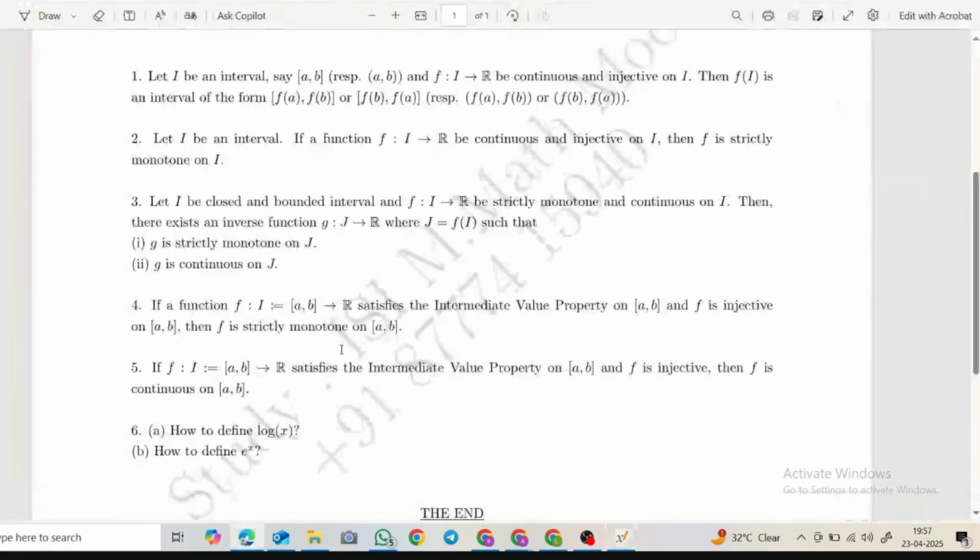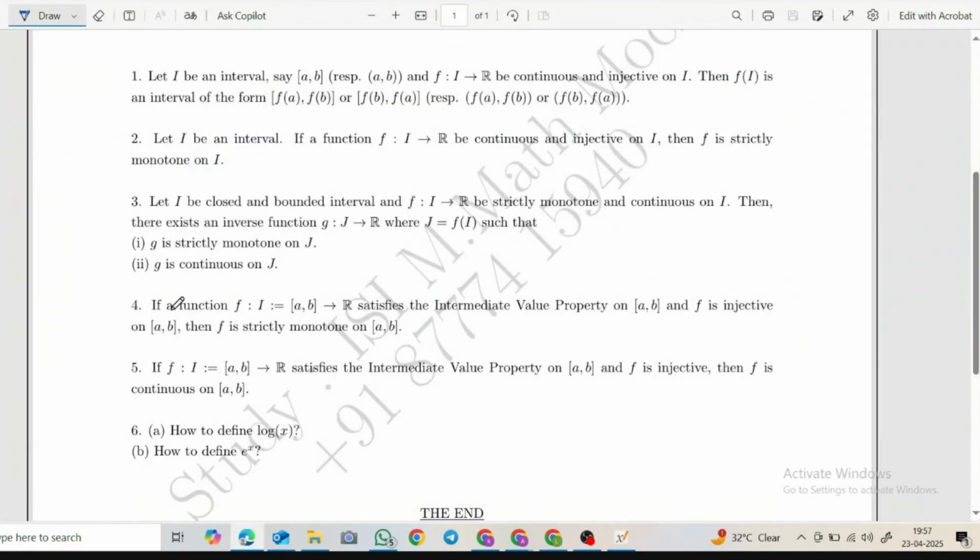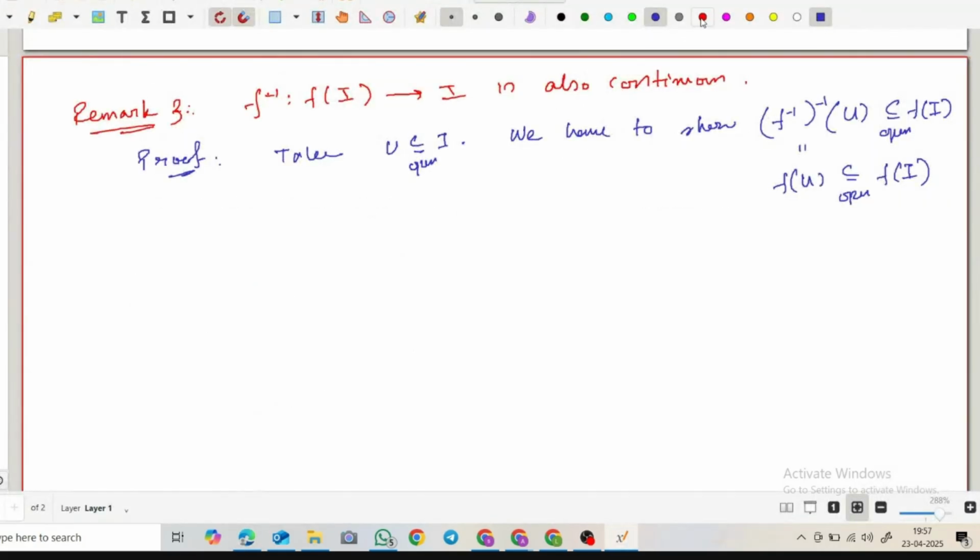I don't know whether they have given this problem or not, but let me add something. Then G is strictly monotone, G is strictly continuous on J. Yeah, the differentiability problem, they've missed it. Okay. Remark 4.